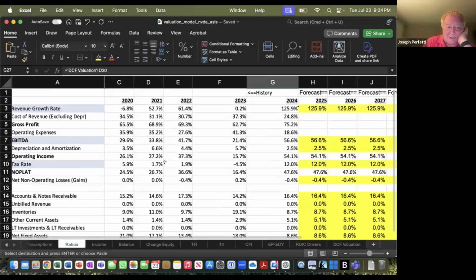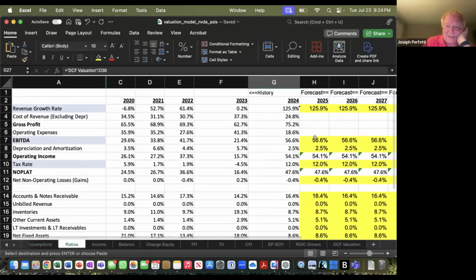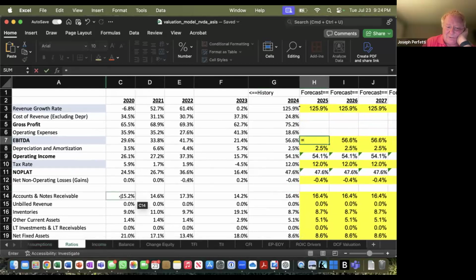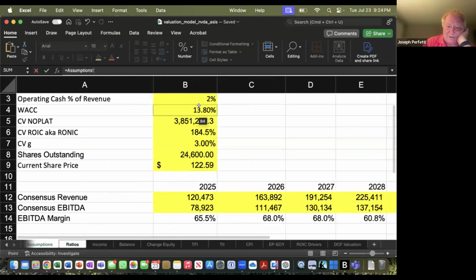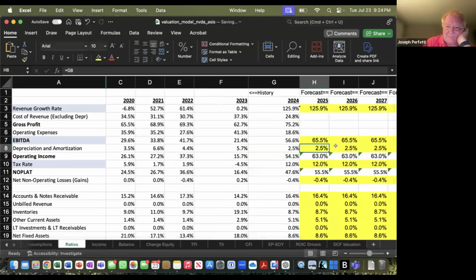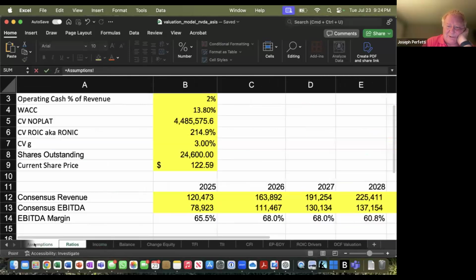Ratios. EBITDA as a percentage of sales starting in 2025, H7 equals assumptions B14. 2026 equals assumptions C14.